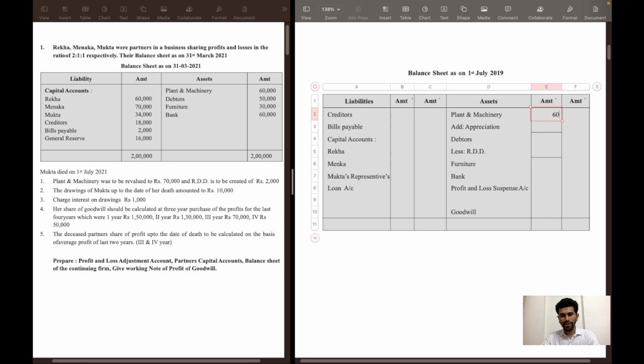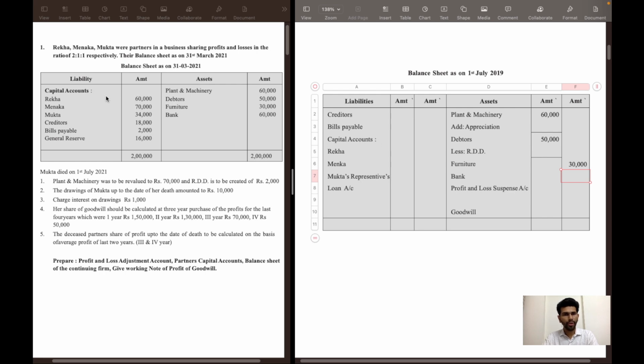Plant and machinery 60,000 rupees. Next, debtors 50,000 rupees. There is adjustment in debtors also, so we will record in inner column 50,000 rupees debtors. Furniture 30,000 rupees on the outer column. Bank amount we will write at the end.